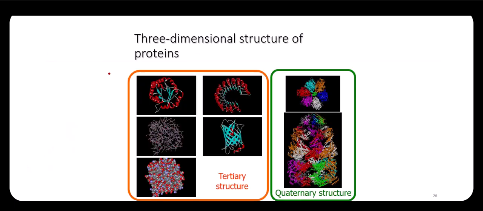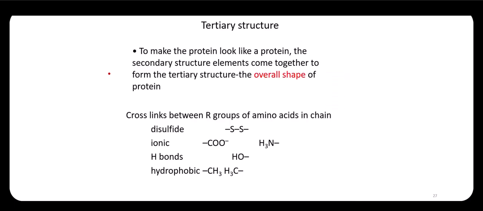Okay, next place we're going to go is the 3-dimensional structure of proteins. So next one is the tertiary structure. And what that's doing is forming the overall shape of the protein. This gets a little bit confusing because when you think 3-dimensional, well, isn't a single atom even 3-dimensional?